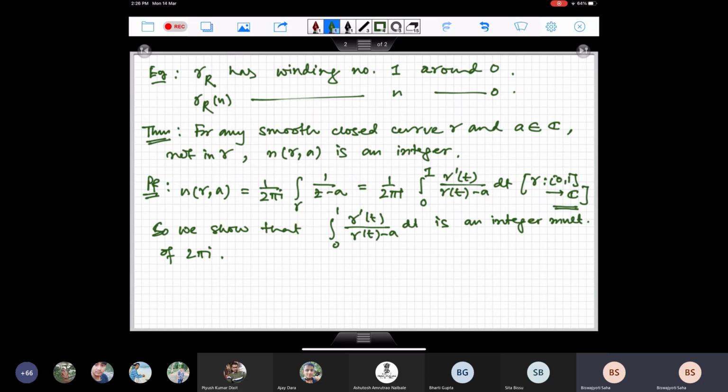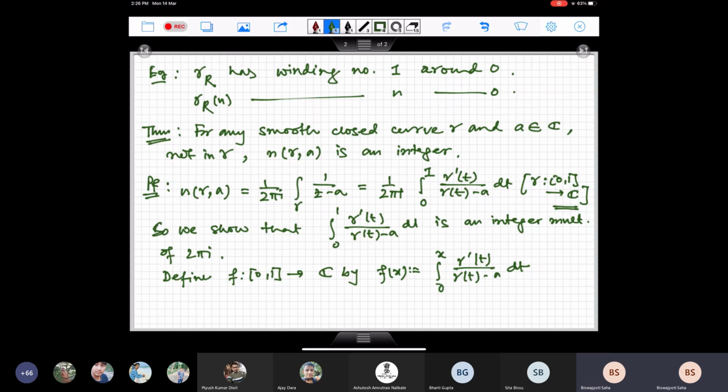Define a function f from the closed interval [0,1] to C by f(x) equal to the integral from 0 to x of gamma prime(t) over gamma(t) minus a dt. Now why did I define it like this?